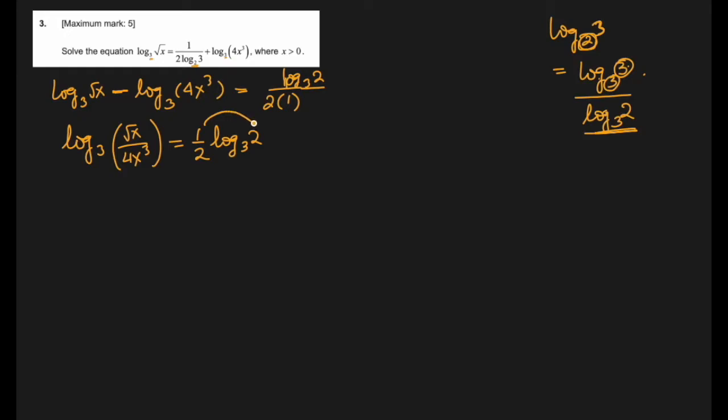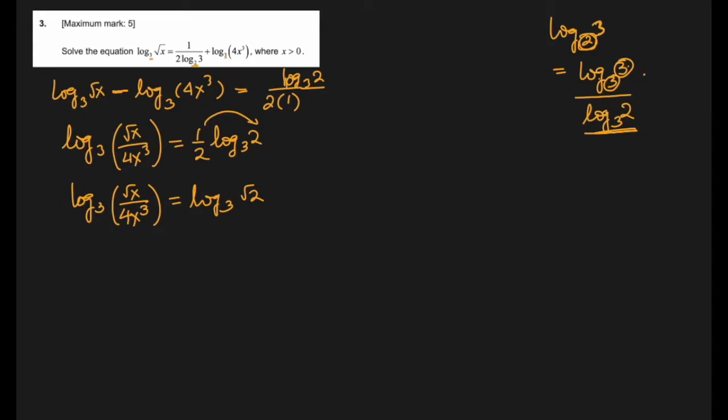This can be made exponent of 2 because I want to compare log base 3's. So the new look will be like this: log base 3 square root x over 4x cube equal to log base 3, and 2 to the power half is a square root 2.